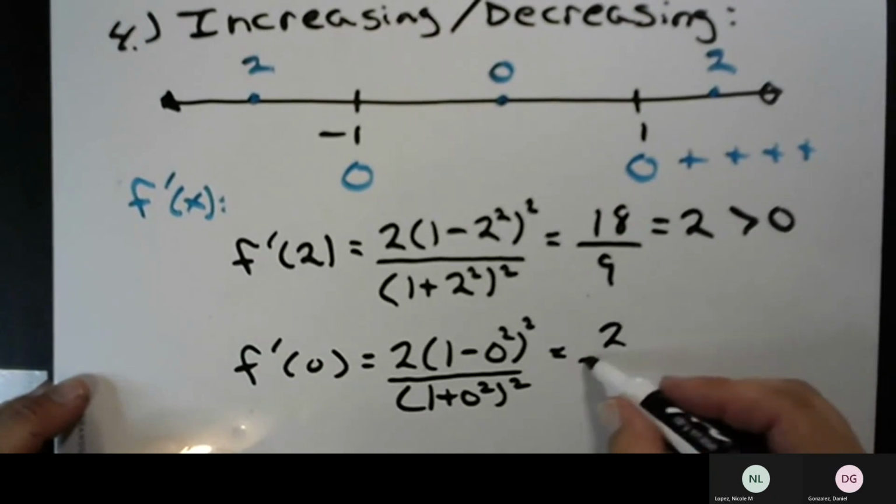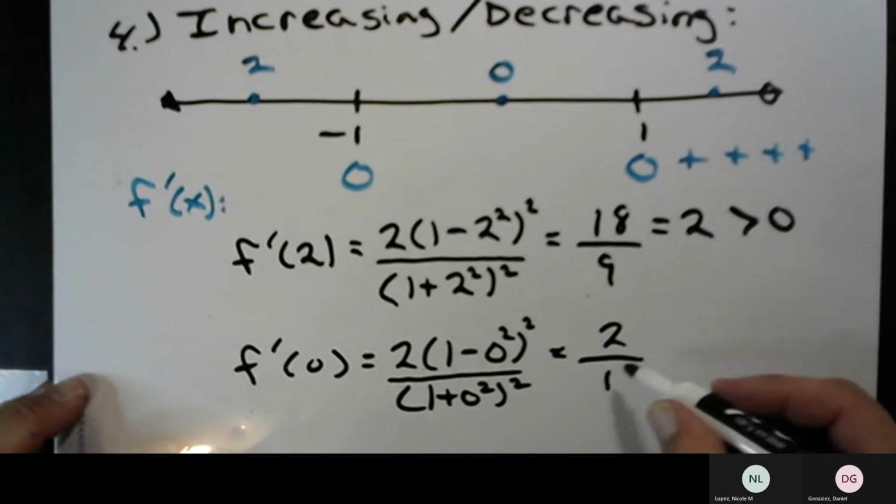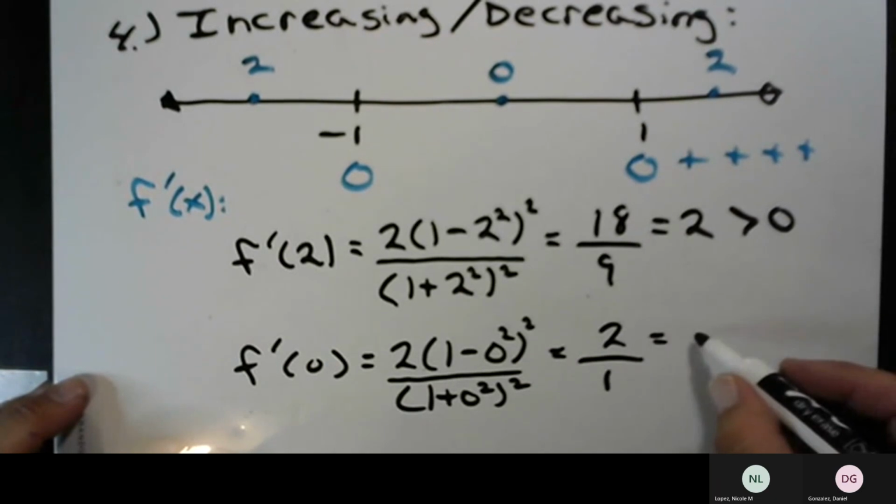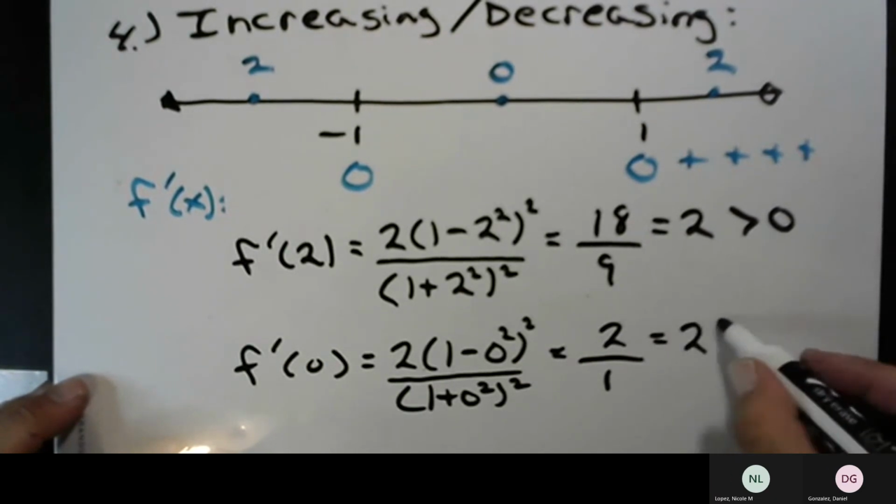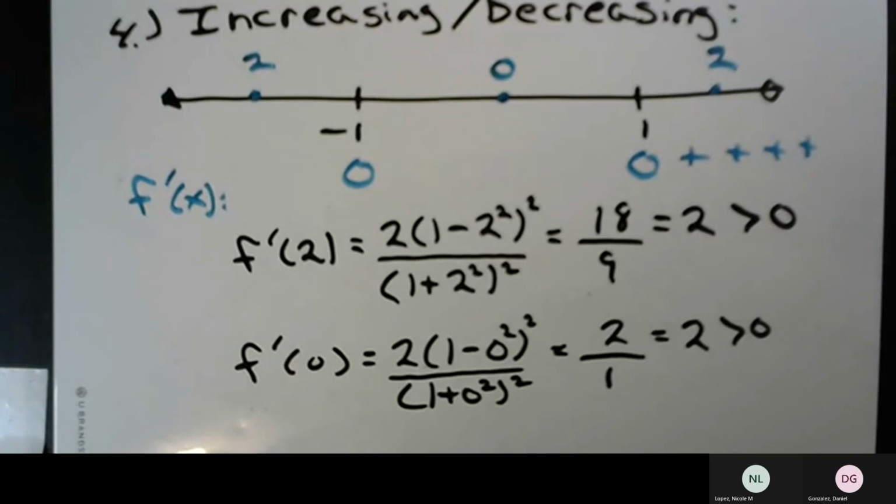We'll get 2 over 1, which is again 2, greater than 0. So that means we've got positive again.